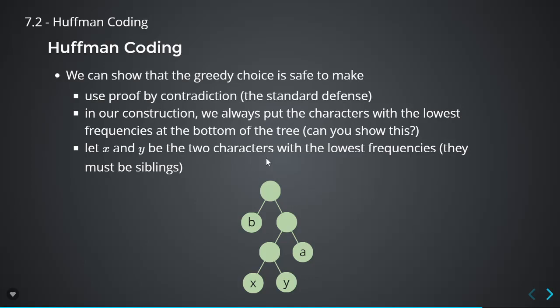So let's say X and Y are the two characters with the lowest frequency. We start this algorithm, we pick X and Y, we join them together. And in the set now, they will be the only nodes that have height 1, right? They'll be joined together as siblings, and you have one root, an empty node with left child X and right child Y.